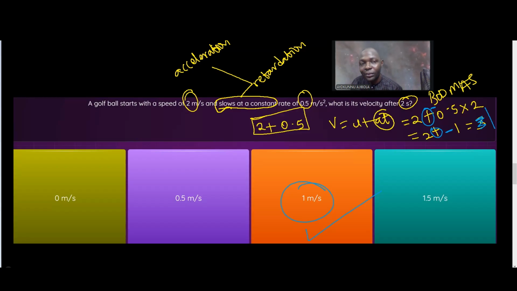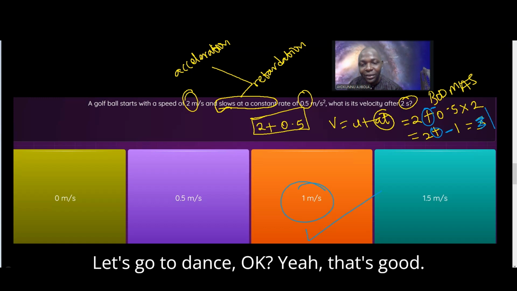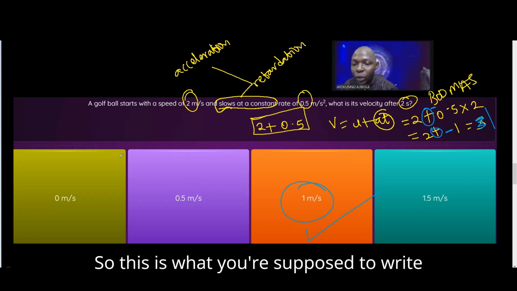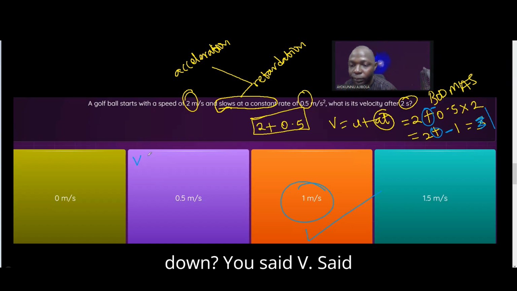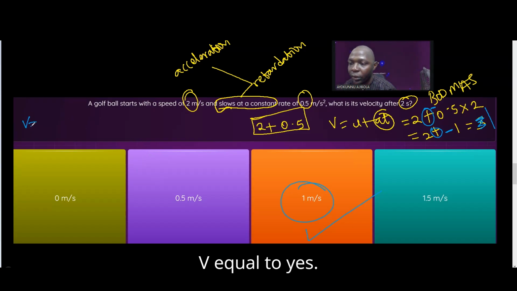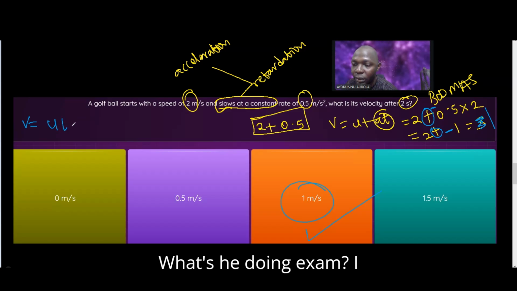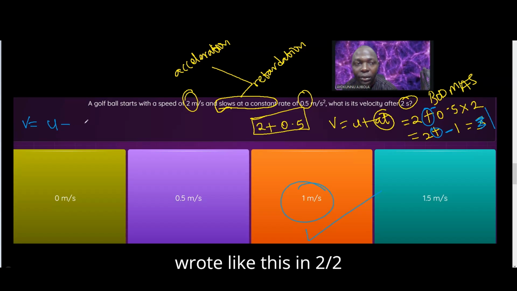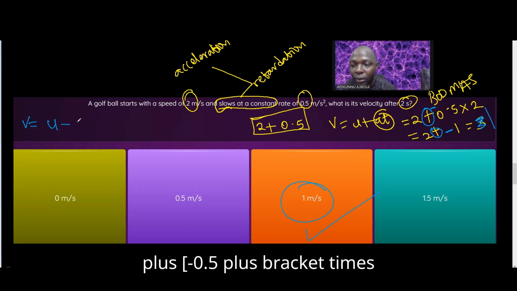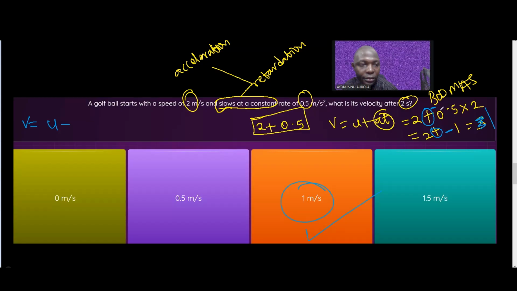let's write it down. This is what you're supposed to write down. You say v equal to, u minus at, because of slowing down. What if during the exam I wrote it like this: 2 plus open bracket minus 0.5 close bracket times 2? That's correct.